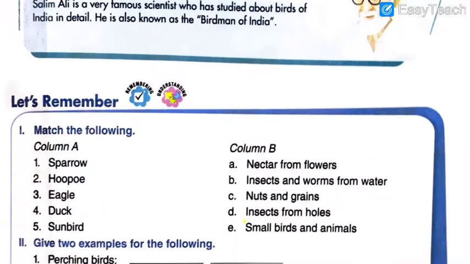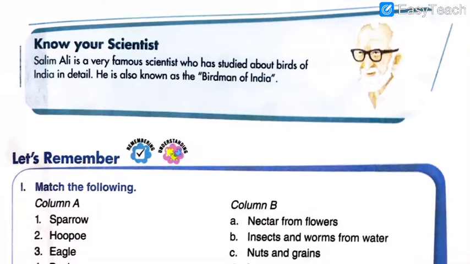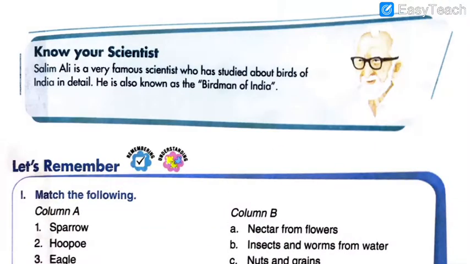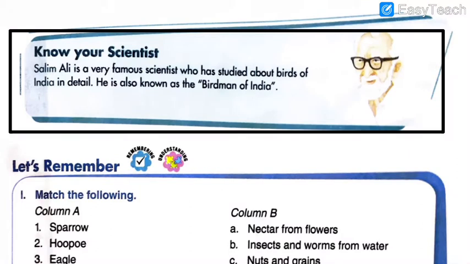So I hope now you remember each and every explanation. Here one extra and small piece of information is given. Know your scientist. Salim Ali is a very famous scientist who has studied the birds of India in great detail.